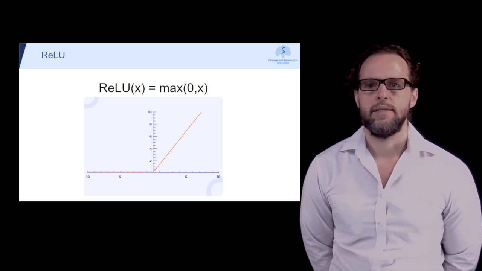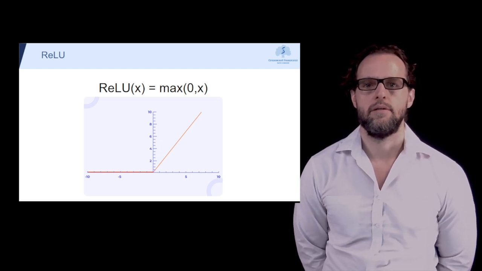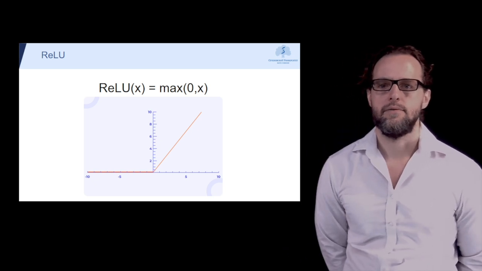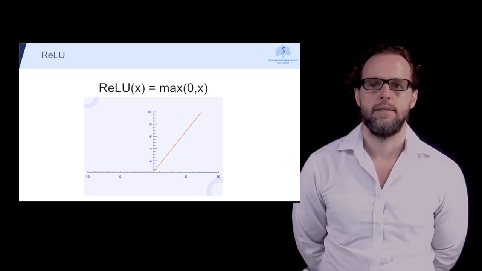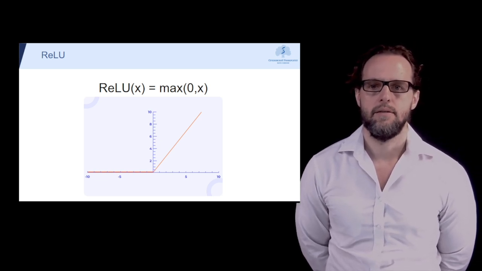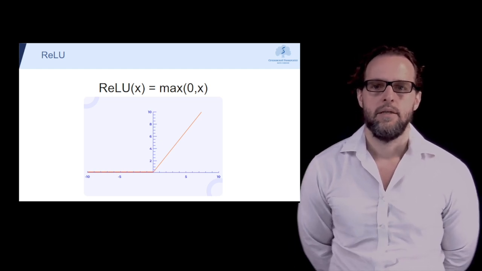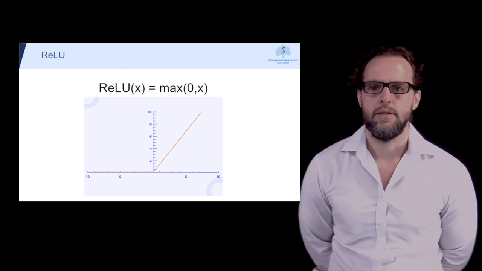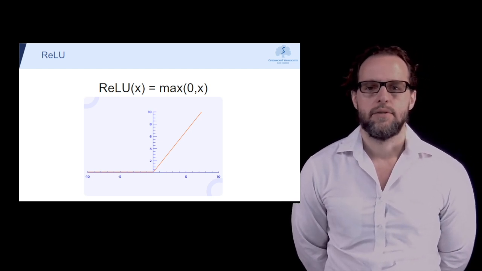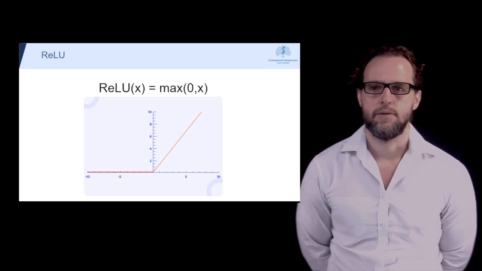ReLU, or rectified linear unit. This function may seem to have the disadvantage of being linear in the first quadrant. But actually, ReLU has a non-linear nature, because there is a combination of two parts in this function.